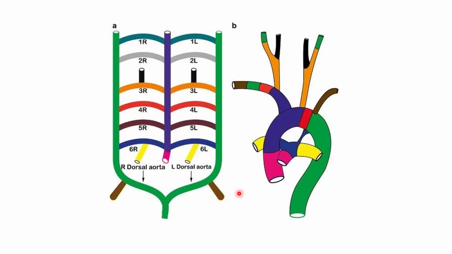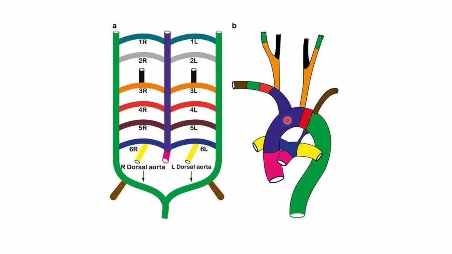It looks like a complex process, but actually it's still a mirror image of one same thing. This is your original truncus arteriosus, which has been septated to form the ascending aorta and the main pulmonary artery. And then it is connected to these blue portions, your pharyngeal arches.